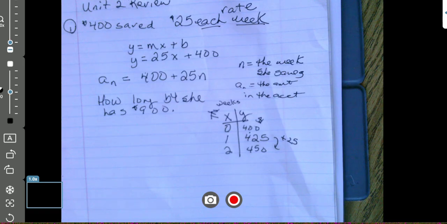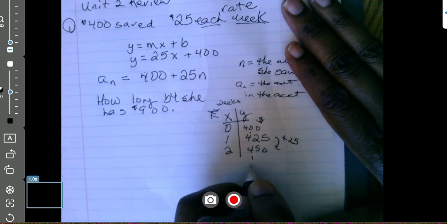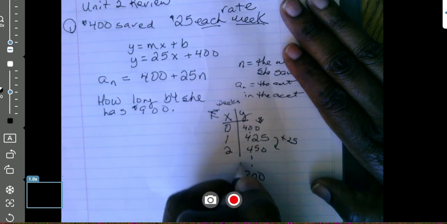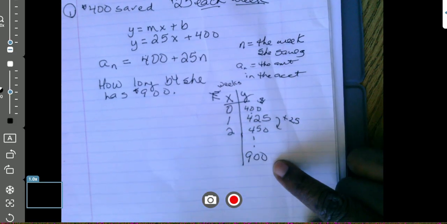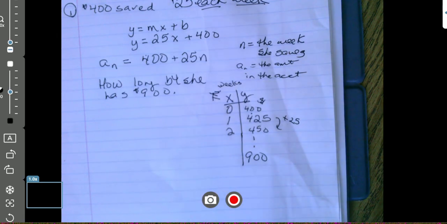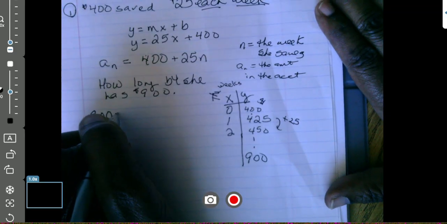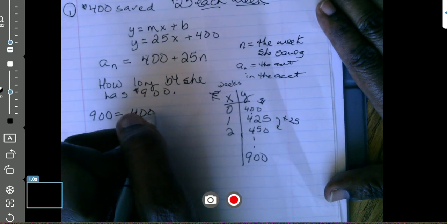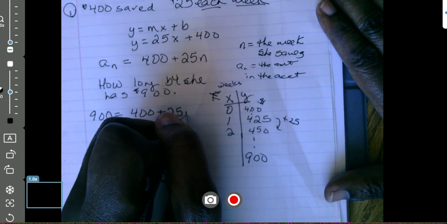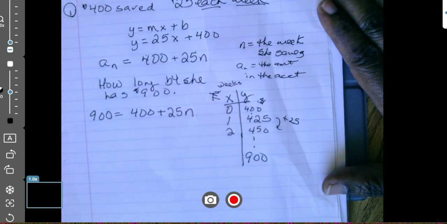Okay, this is a sequence problem, and we need to find the nth term in the sequence, because we want that nth term to be $900. So the question is, when will the entire function be equal to $900?